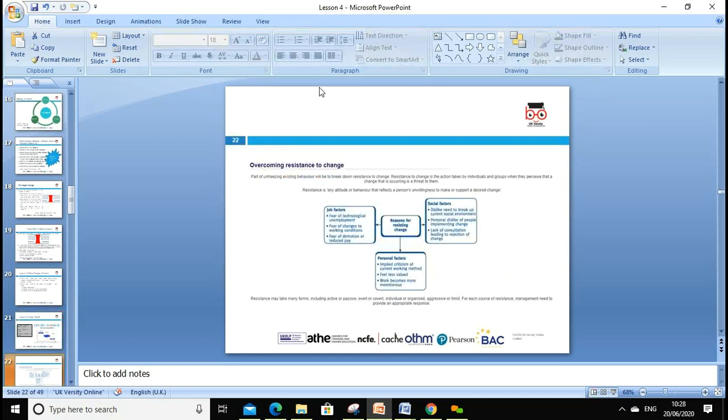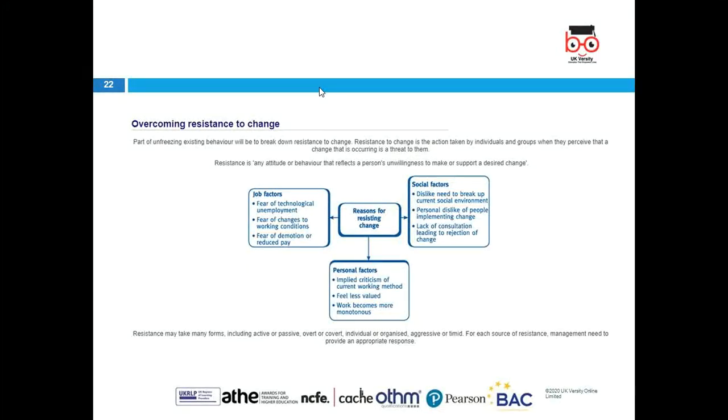To overcome resistance, when we have some people who don't want to be changed, we need to think about the part of unfreezing. Existing behavior will be broken down. Those who don't want to change perceive the change as a threat in the actions taken by individuals and groups.